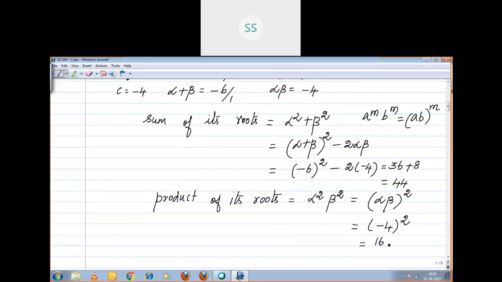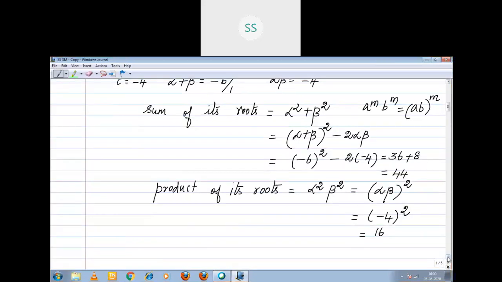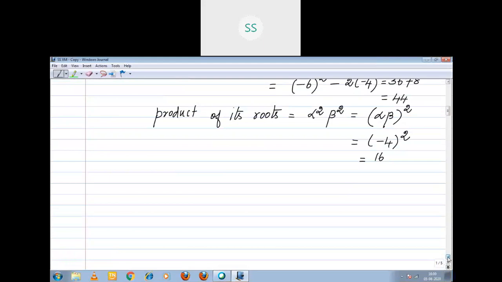Now, using this, you are going to make it a quadratic equation. What is the quadratic equation? The formula I gave you, the standard format, right?